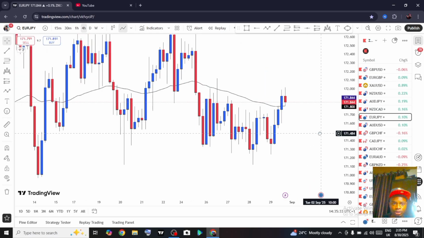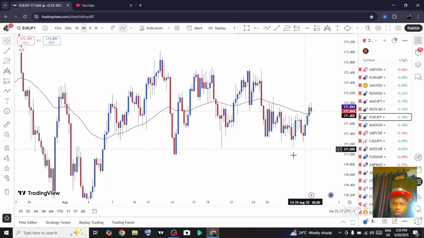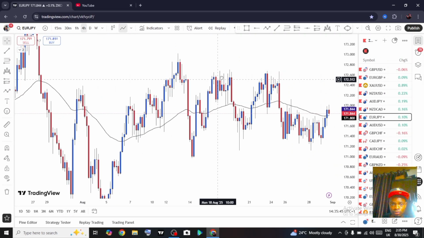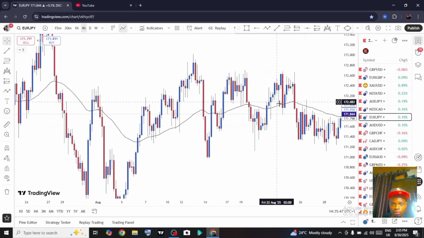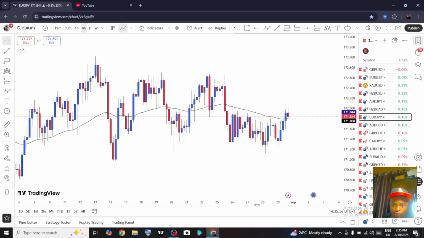The 4 hour is bullish. Let's see. The 4 hour is actually bullish, right?